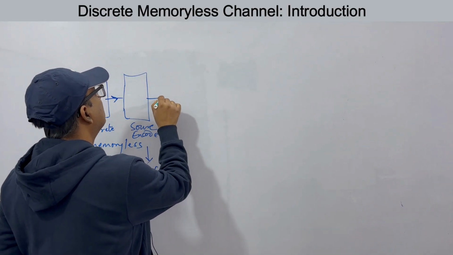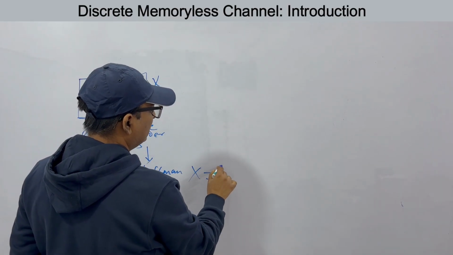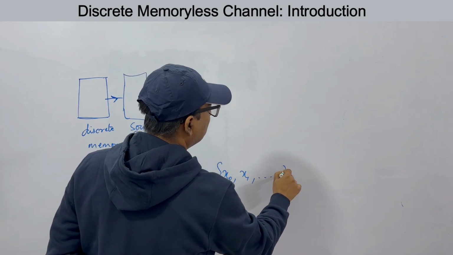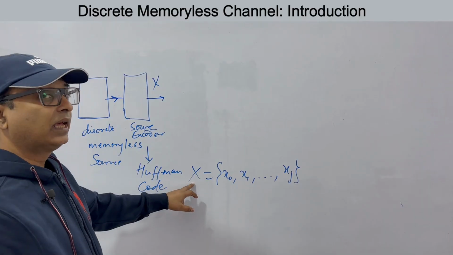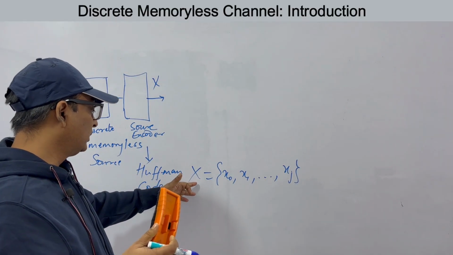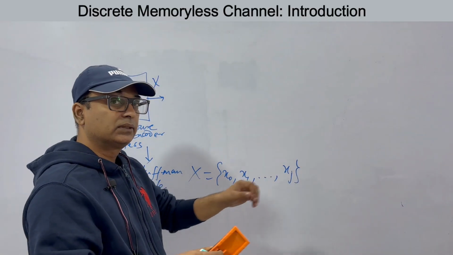Now, the output of this, let's say it's x, where we write x0, x1 up to, let's say, xj. Okay, so this is the x alphabet. This is the way we say x alphabet. So from this x alphabet, what do we get? We get these symbols.